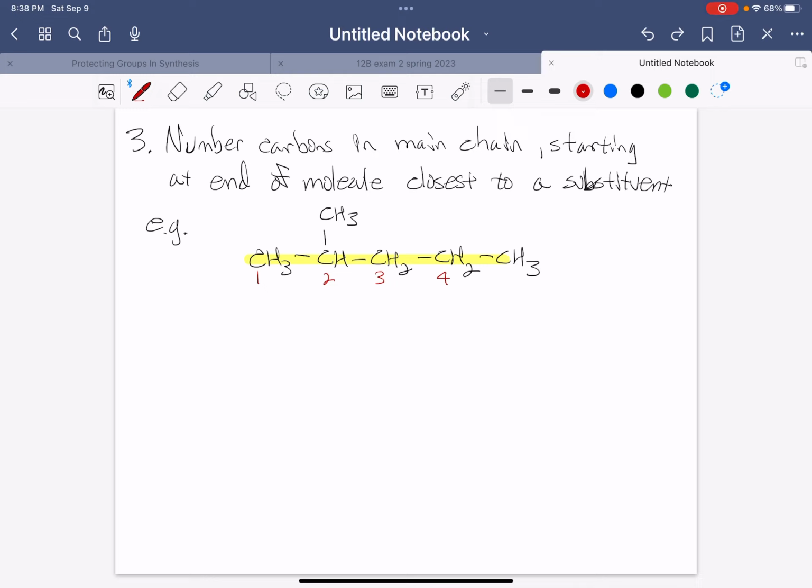I would not want to number from the other end, so let me erase those.